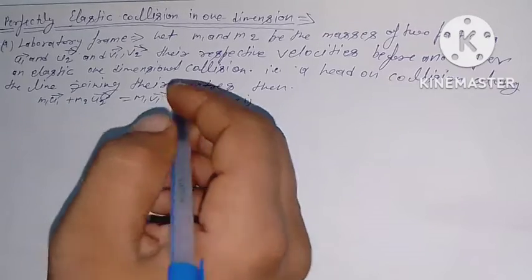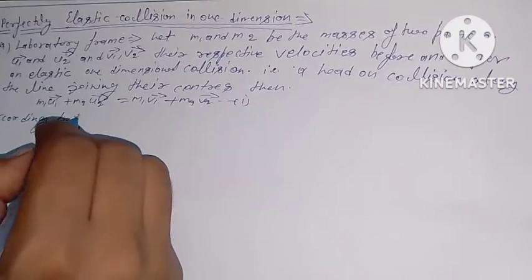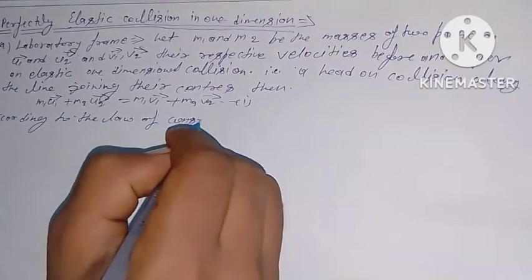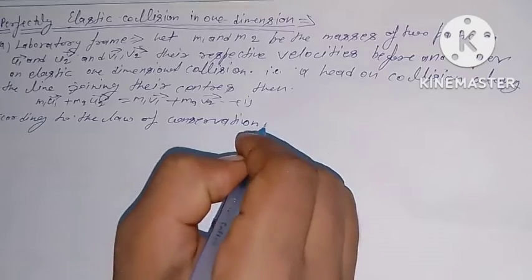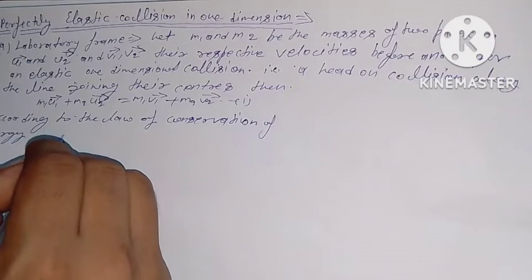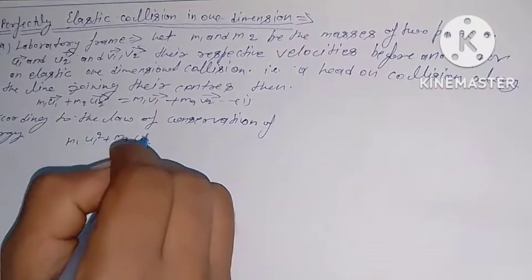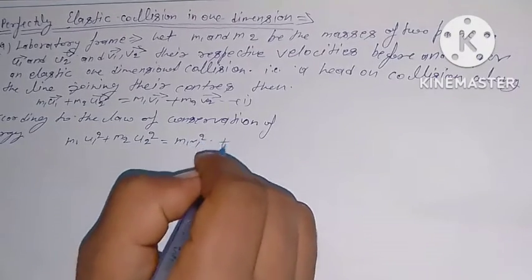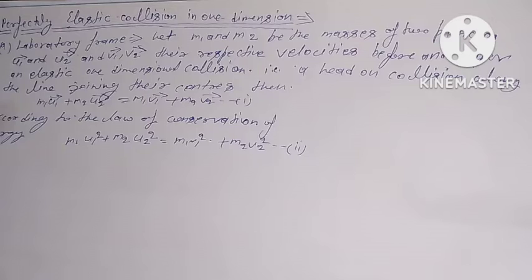And according to the law of conservation of energy, m1 u1 squared plus m2 u2 squared equals m1 v1 squared plus m2 v2 squared. This is equation number 2.